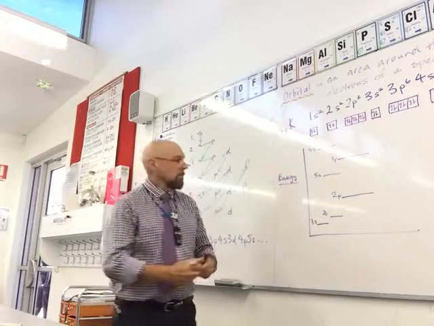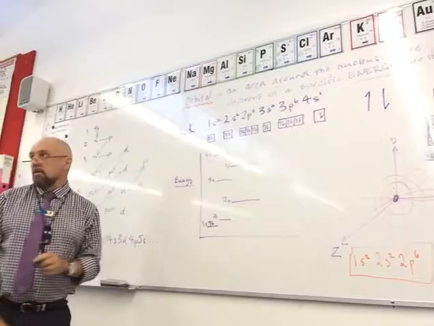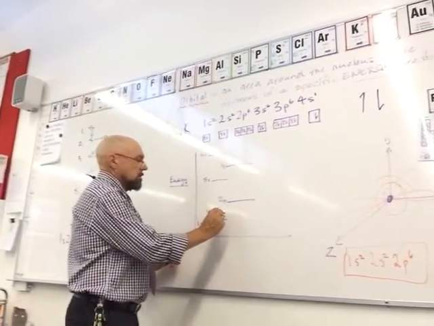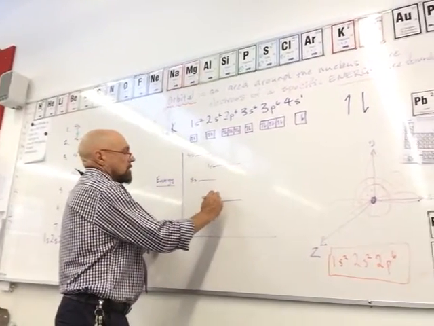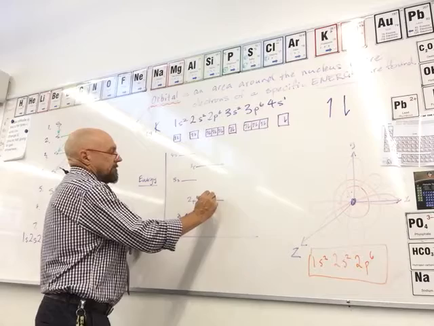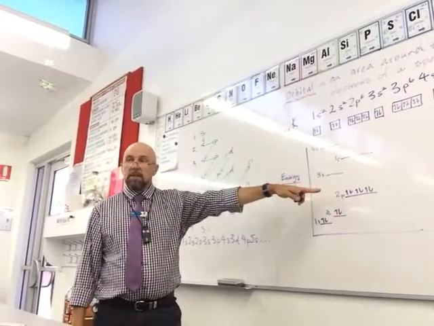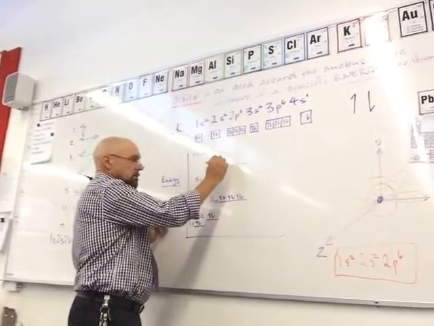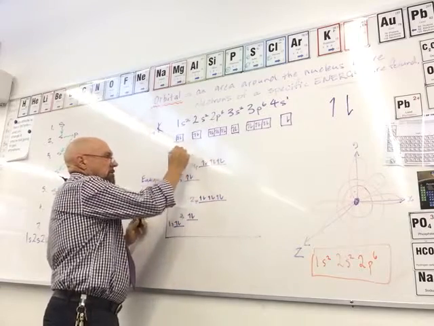Now, if I put the electrons in, there must be 2 electrons sitting there in the 1s. Then the 2s also has 2 there. 2p has 6 of them: 1, 2, 3, 4, 5, 6. I'm just copying from there down to my energy diagram. 3s has 2, again there's 6 up here, and then the 4s is just 1.